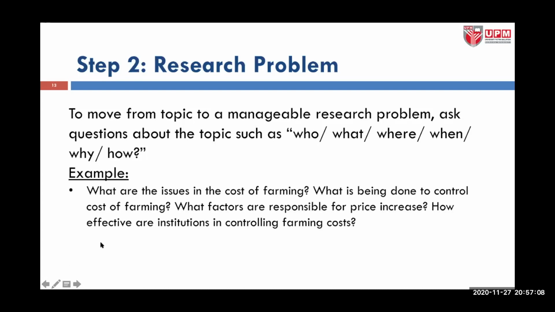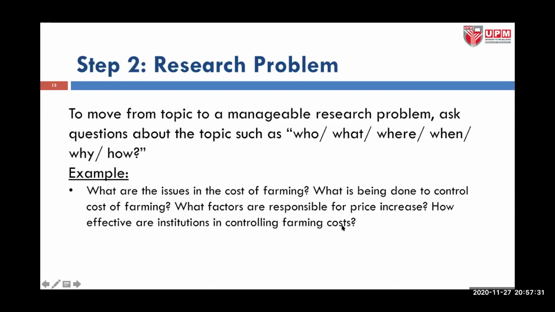For example, if we look at the cost of farming just now, what are the issues in the cost of farming, right? What is being done to control the cost of farming? What factors are responsible for price increase? How effective are institutions in controlling farming costs, right?